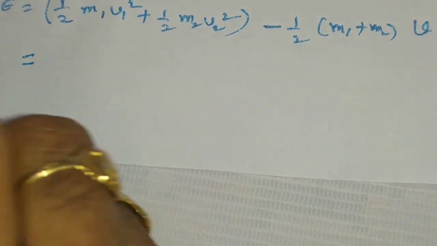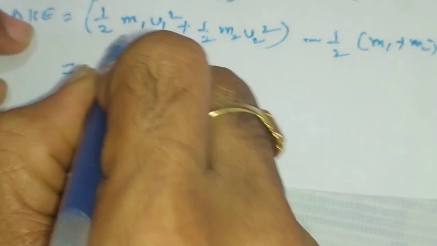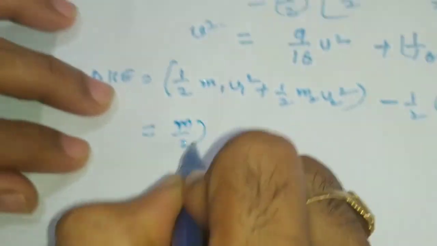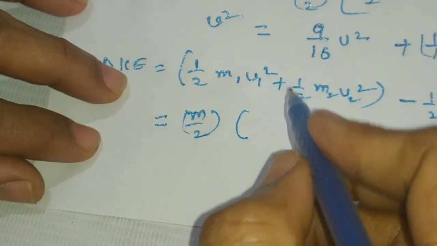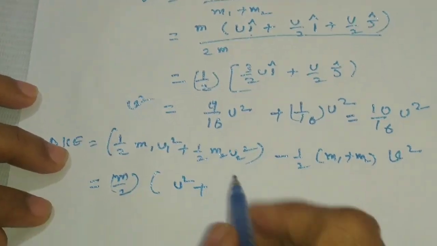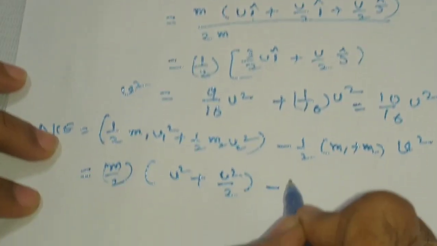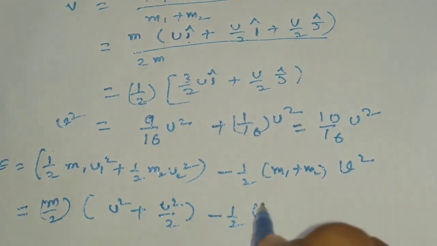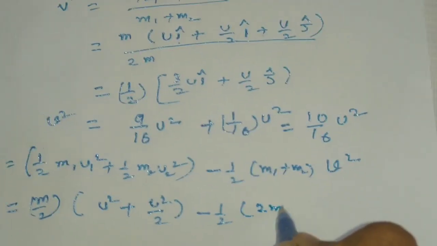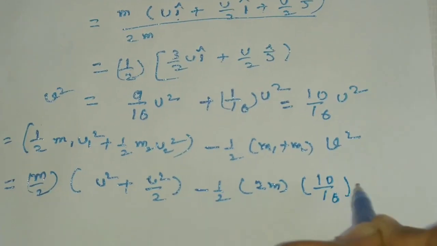Here the masses are equal, u1 square plus u2 square is u square by 2 plus u square by 2, minus half into m1 plus m2, which is 2m, into v square, which is 10 by 16 u square.